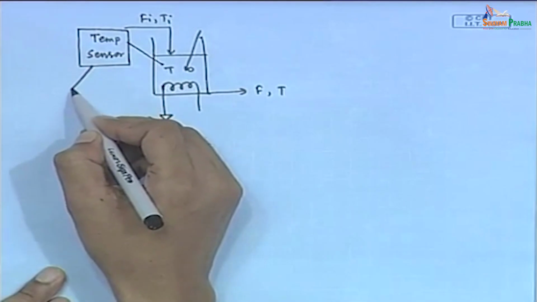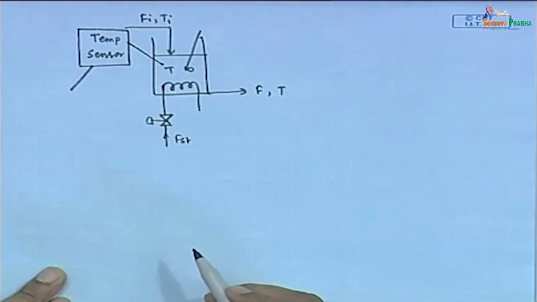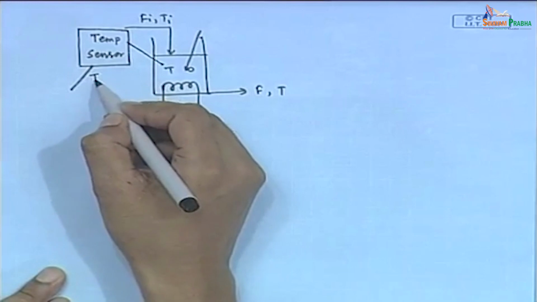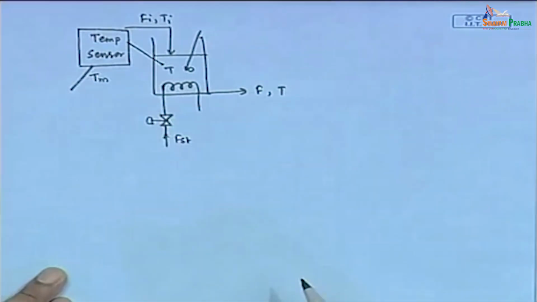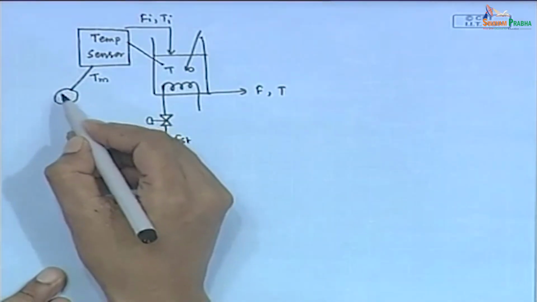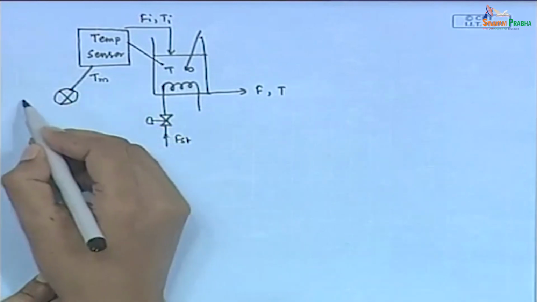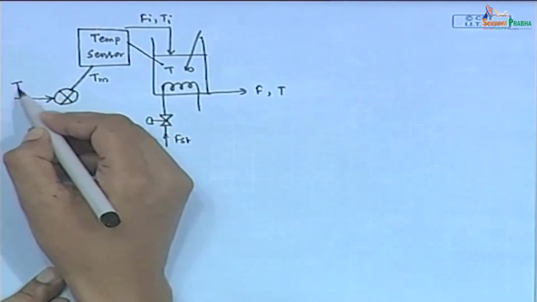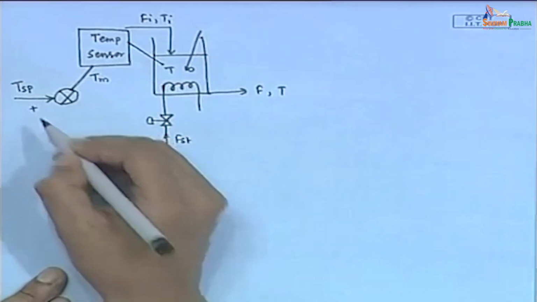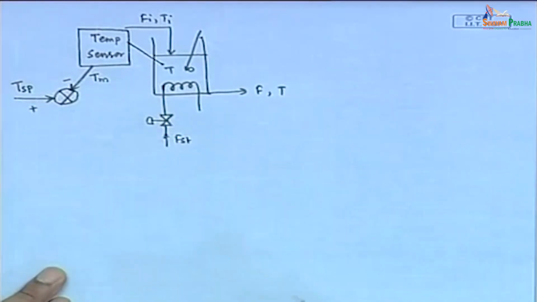Now, this measured temperature usually differs from the original temperature value. This measured temperature we can represent by T suffix m. In the next step, this measured temperature is compared with its set point value represented by TSP. So, this is positive and this is negative.